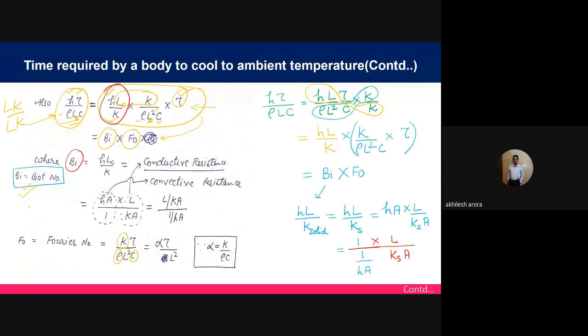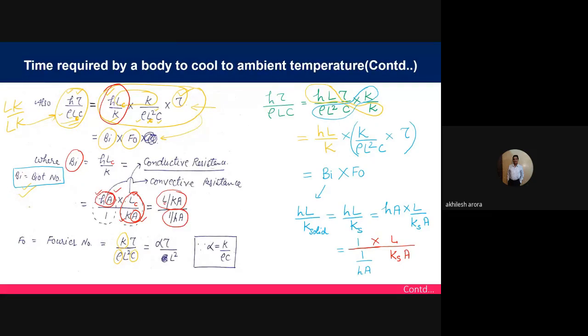What we can do is multiply the numerator and denominator by area. So in the numerator it is H, LC and area. In the denominator we have K, which was already existing, and A, which we have multiplied. Then we can write here LC over KA, and HA in the denominator.